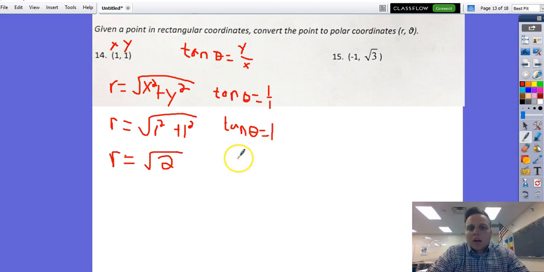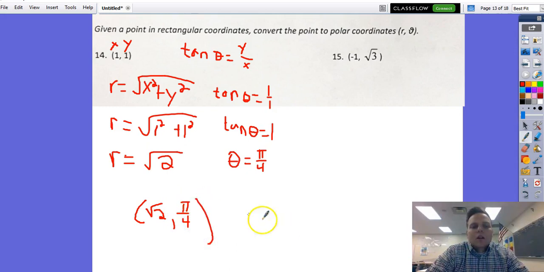Pi over 4. So then we know that we need theta to be pi over 4. So we know then our point is the polar point square root of 2, comma, pi over 4. All right, so there you go. That's how you do that problem.